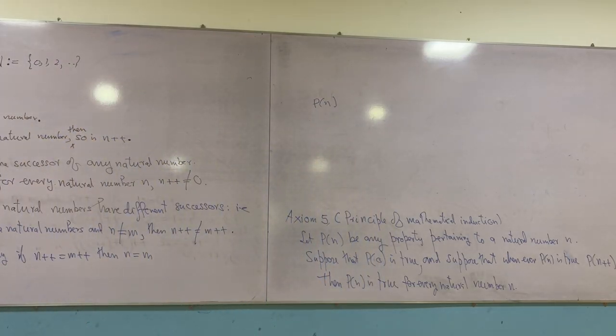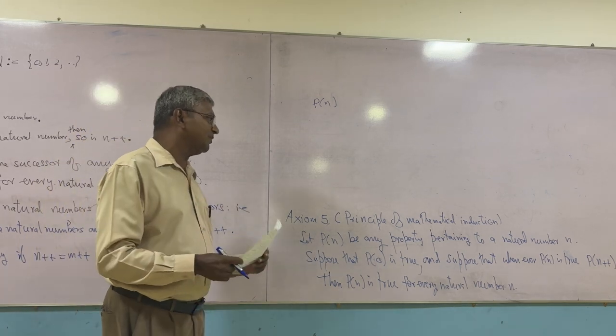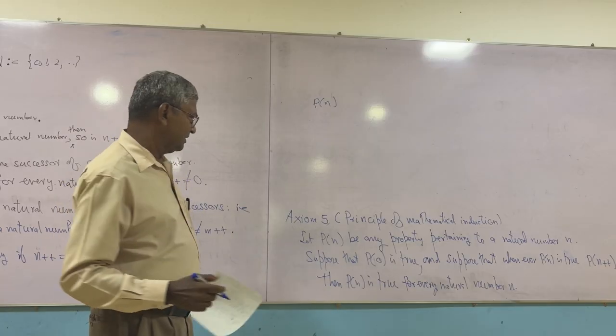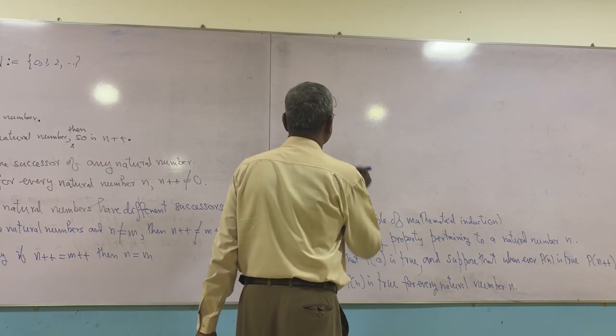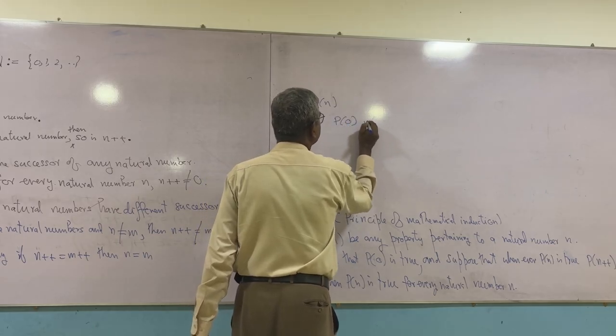Now we want to prove P1 is true, P2 is true, P3 is true, P4 is true, like that. Not only to prove, but we don't have time even to say it. How can you say it? But to prove this, the principle of mathematical induction is an extremely powerful tool. Very powerful. Here it's taken as an axiom. It says: one, P0 is true.